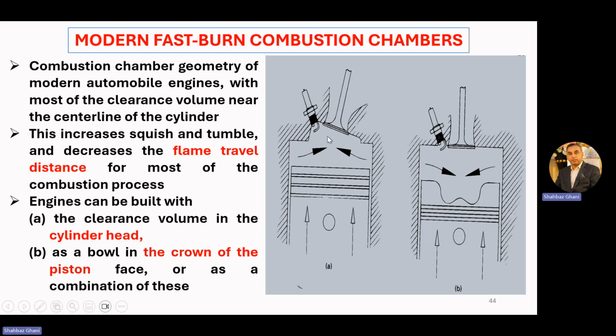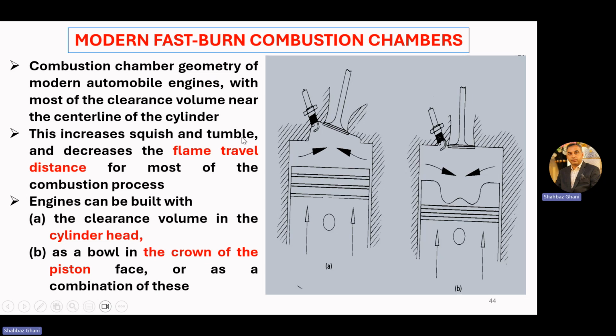In the second condition, the clearance space is more on the piston head, as a bowl. Combustion chamber geometry of modern automobile engines has most of the clearance volume near the center line of the cylinder. This is the center line of the cylinder. So most of the clearance volume is around this center line.